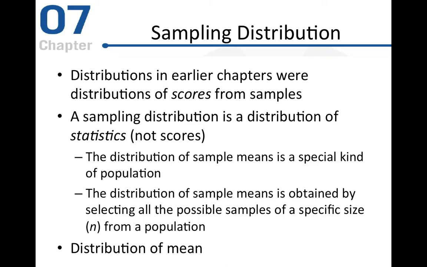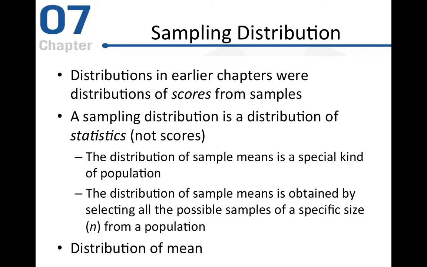A sampling distribution is going to be of a statistic, typically a mean, because this is capturing the statistics from several different samples. It's not an individual score per se. So that's why we're calling it a sampling distribution.